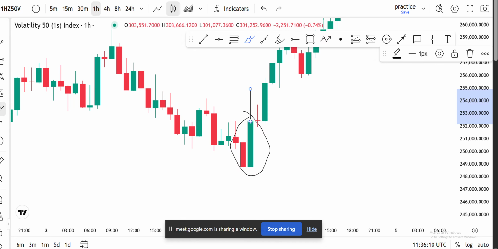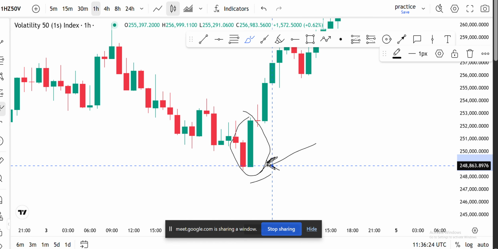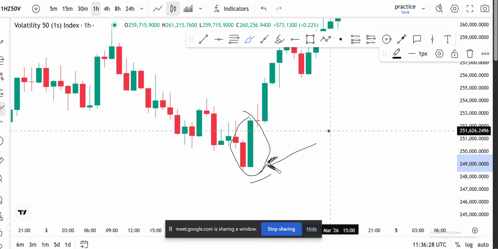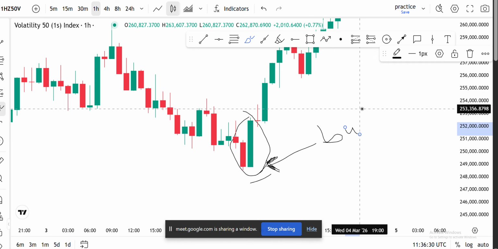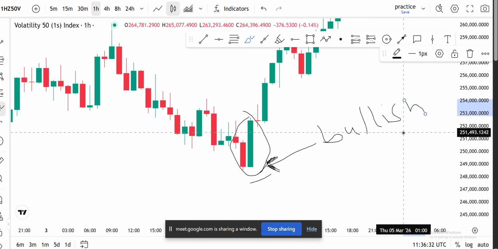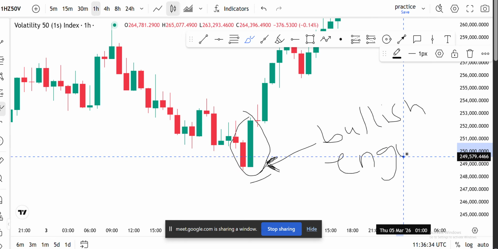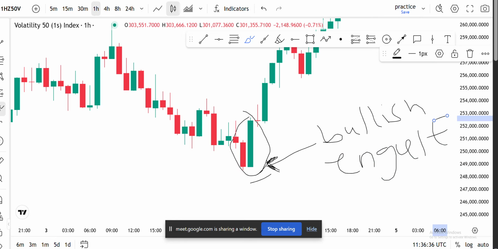If it has a long rejection like this, it's more like a trap. It's not that strong. You can't call it a strong engulf candle. But this one is a bullish engulf candle. Actually, it's not that there's no wick, but a little wick like this. Bullish engulf. You get it now?